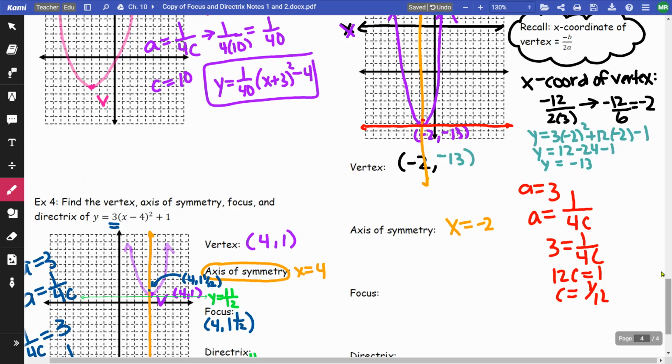So if my vertex is at -2, -13, and I'm going to go 1/12 right above it, I'm going to be at -2, comma, -12 and 11/12. Does that make sense? Because I'm 1/12 above. And then my directrix is going to be 1/12 below. So that's going to be y is equal to -13 and 1/12. And those are my answers.